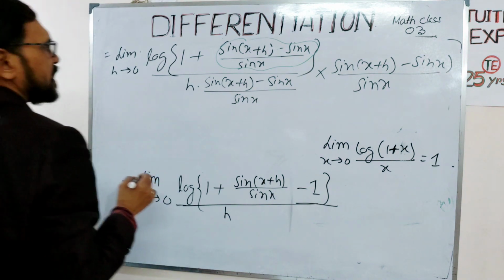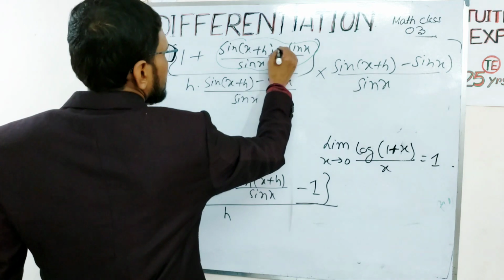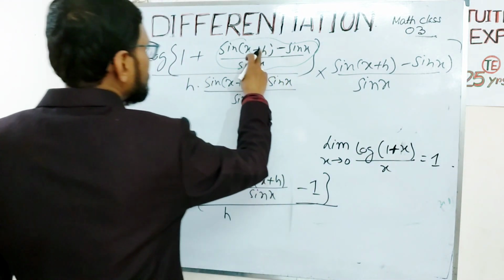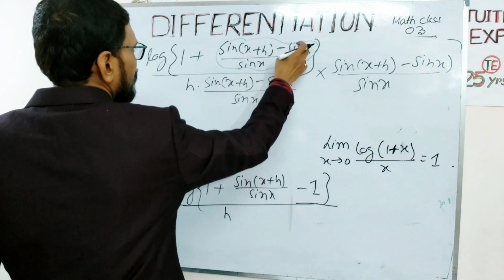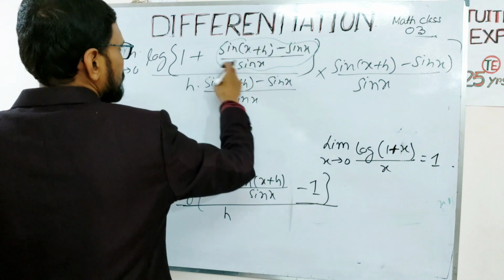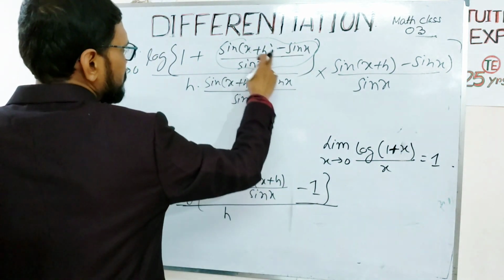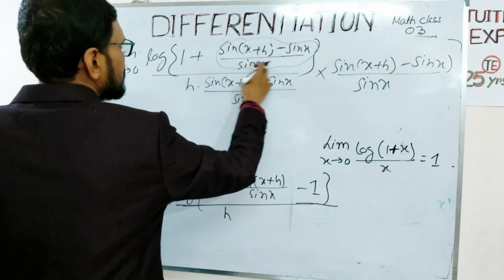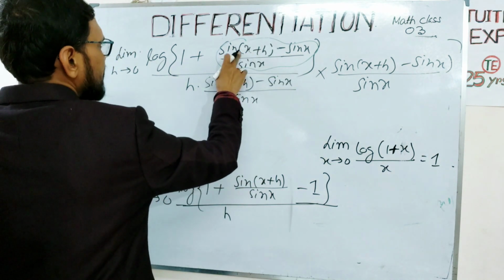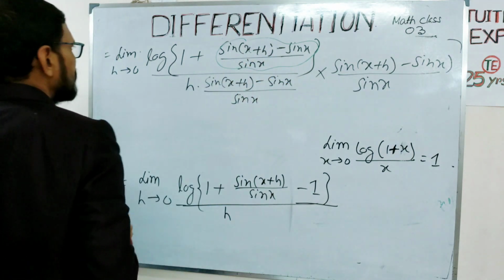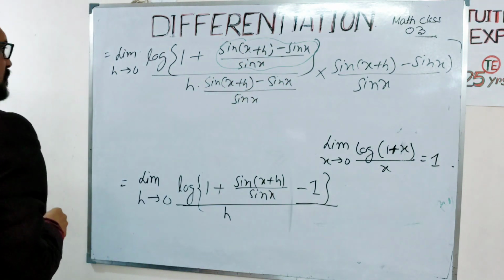The result becomes: if h tends to 0, then x tends to 0. So if h tends to 0, this must be 0, this must be 0. Now we can apply the formula. If h tends to 0, this becomes 0, because h tends to 0 means sin x minus sin x is 0.